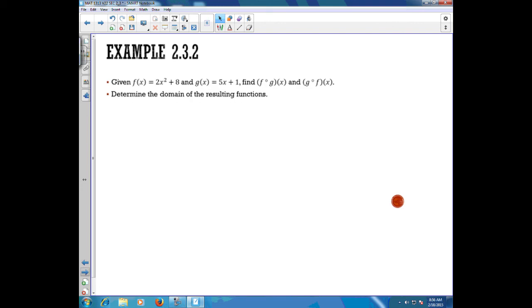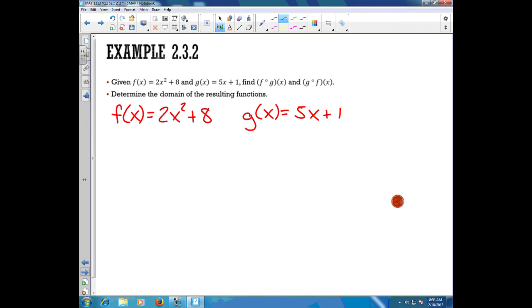So we're given two functions here, f of x and g of x. We want to find the two compositions, f of g of x and g of f of x. And then we just want to determine the domain. So first of all, we're given f of x is 2x squared plus 8, and g of x is 5x plus 1. The first thing we want to find is f of g of x.